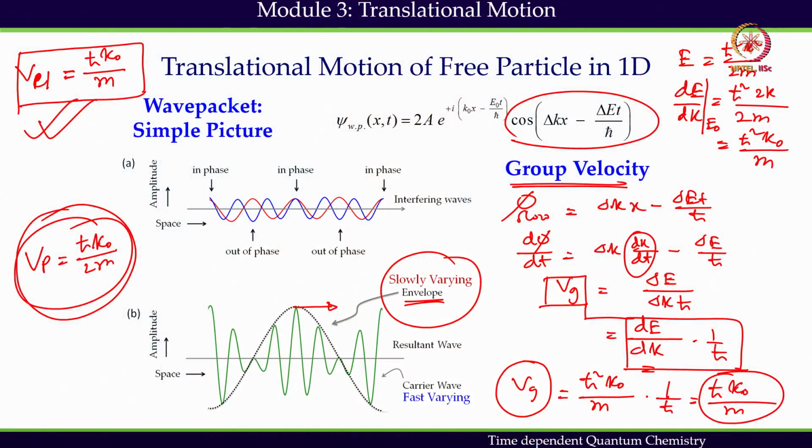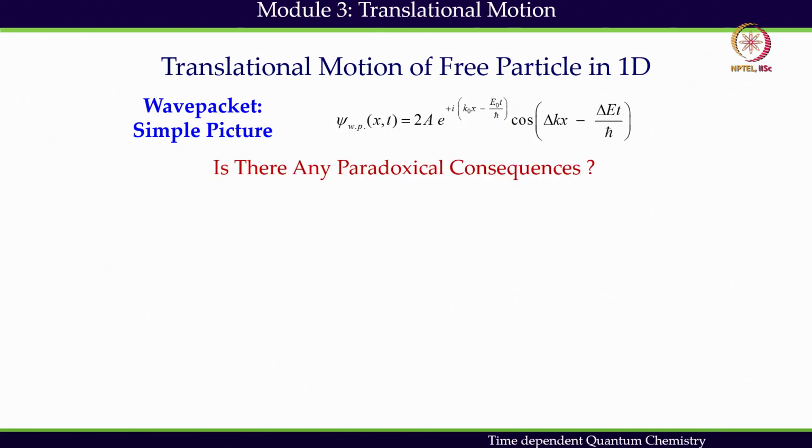One velocity is represented by the group velocity, which is nothing but the classical velocity. Another velocity, the phase velocity, is the velocity of the constant phase front of the fast varying component, or carrier wave, that is moving with a different velocity. So, with this understanding, we will move forward and we will ask the same question.